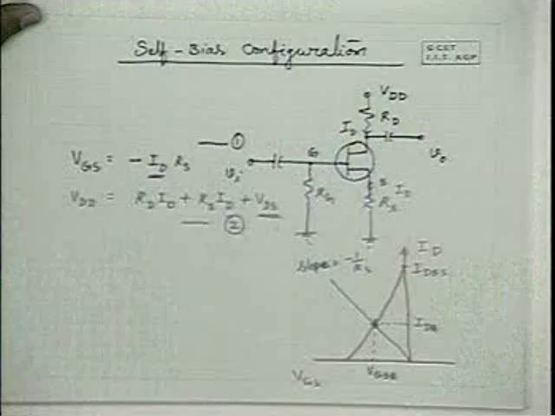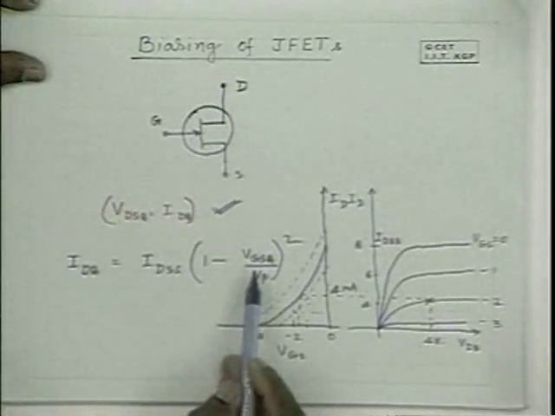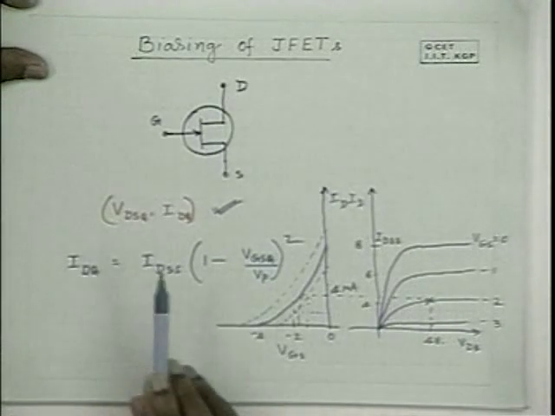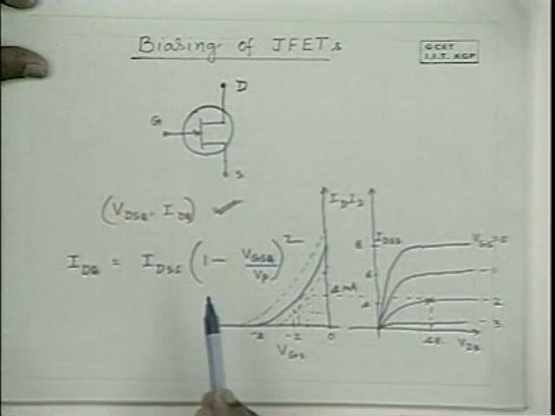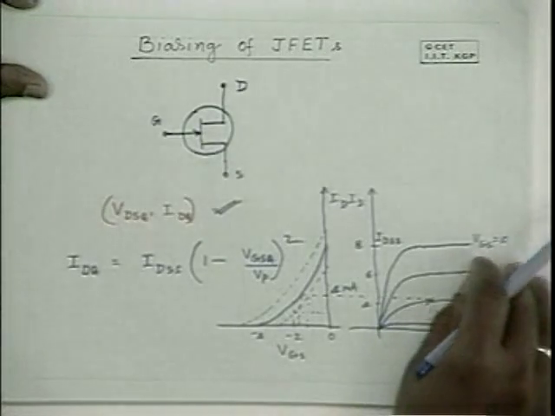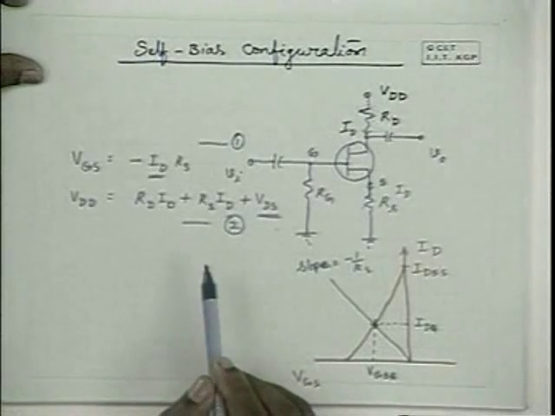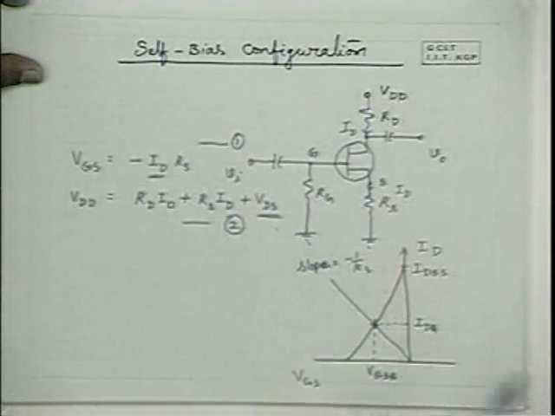Alternatively, you can use this equation to obtain the relationship between VGSQ and IDQ. So this equation and equation 1 can be used to solve for IDQ and then substitute in the second equation to determine the Q point.